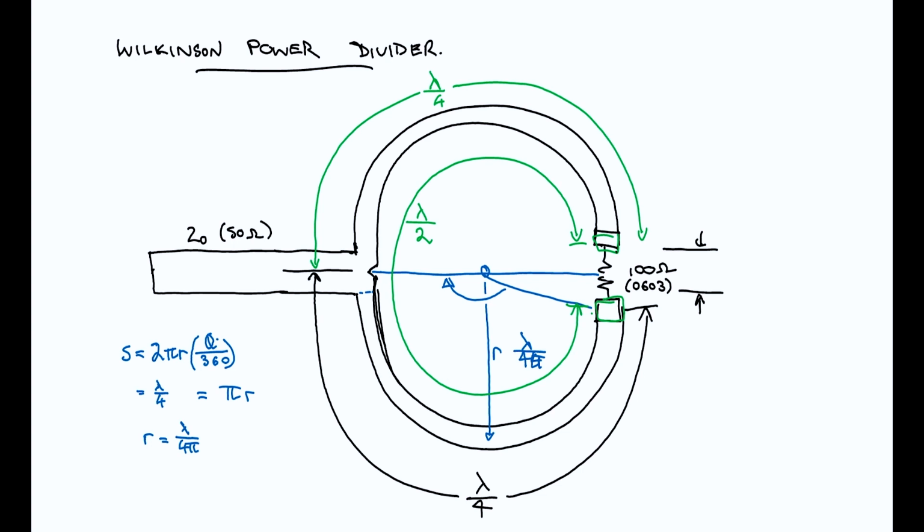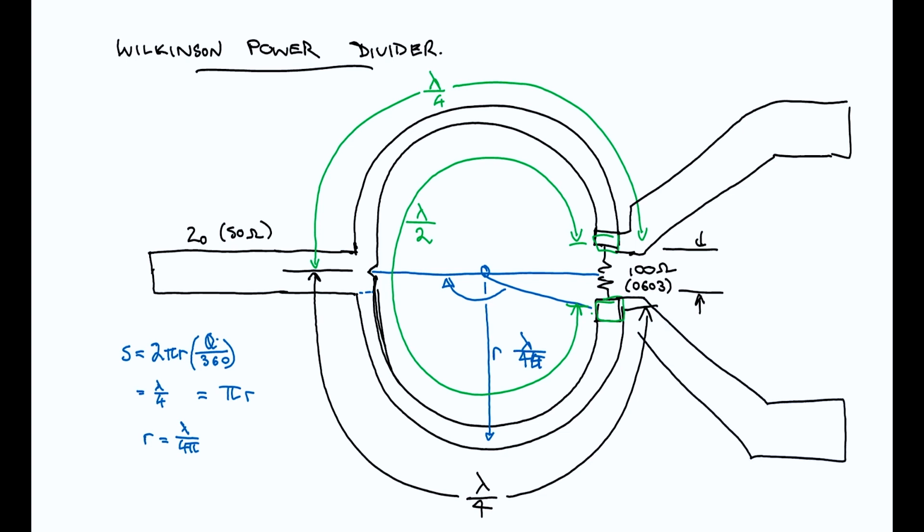So that here we're going to have our output ports, which are 50 ohms, port 2, port 3. Now an interesting thing happens.